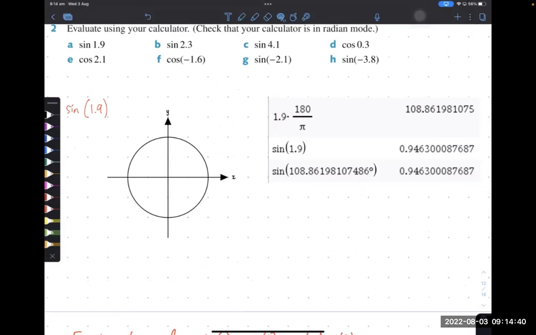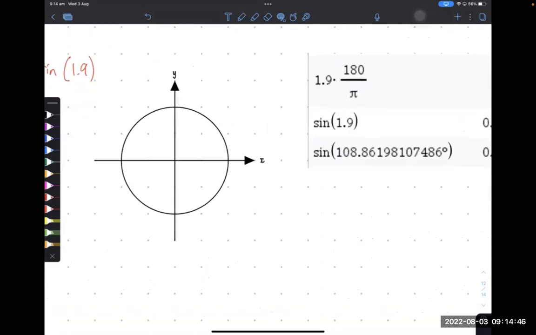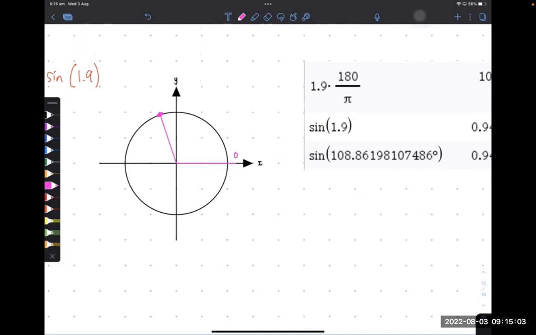That's easier to find than 1.9 radians, yeah? So where's 108 degrees here? We know that from here to here is 90 degrees, right? So 108 degrees goes from 0 past 90. I'd say it's around here-ish. There's our point. There's our angle.